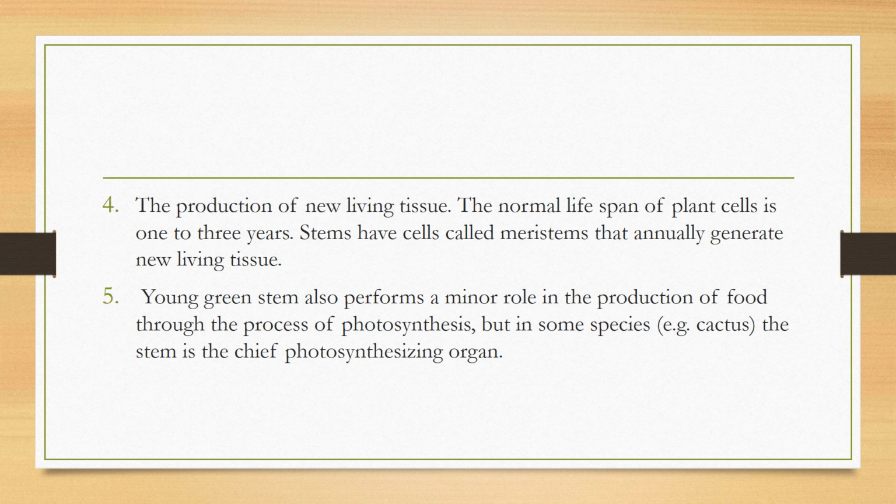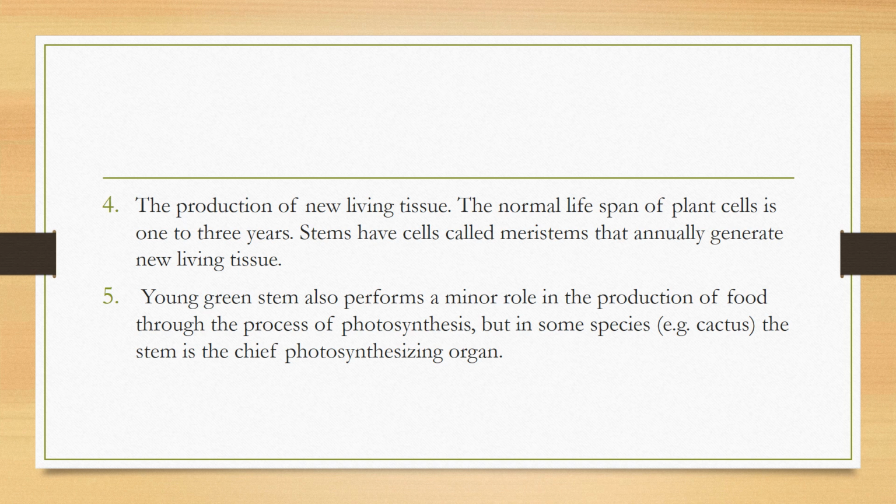As you know, the meristem is a type of tissue that has rapidly dividing cells. So these meristem cells annually generate a new living tissue for the plant.